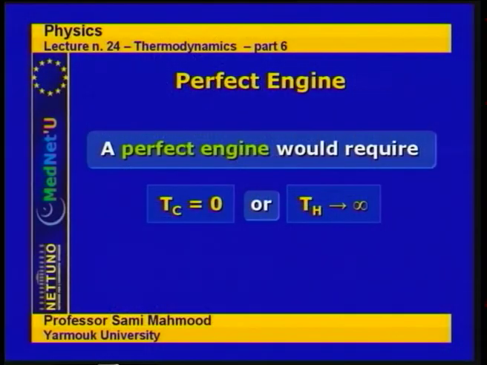And the other, alternative condition is if we set T sub H equal to infinity, because in this case T sub C over T sub H would be 0. This ratio would be 0 regardless of the value of the colder temperature reservoir.